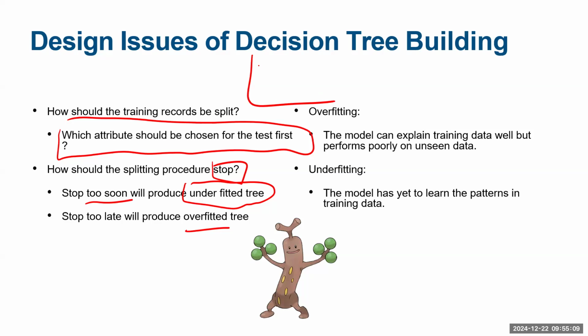So for example, if this is accuracy and this is the time, the more you train, the better accuracy you have for the training data, right? And it's going to stop somewhere.